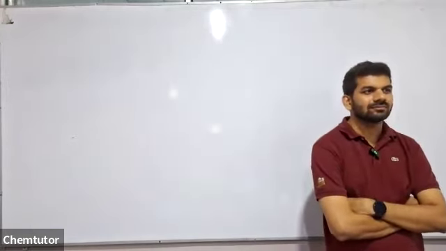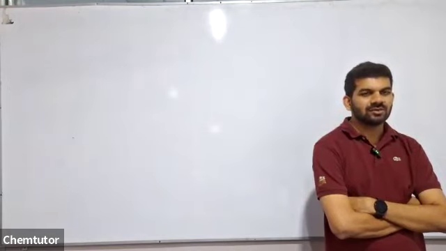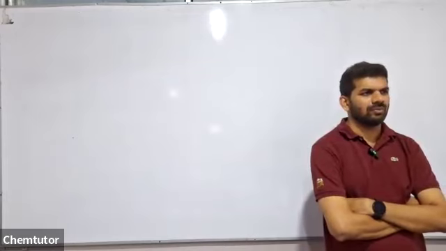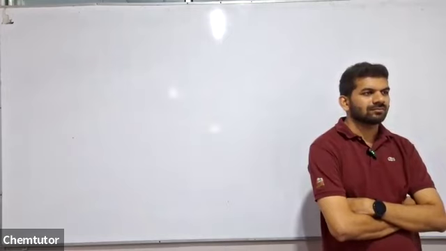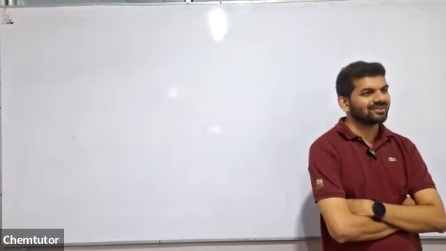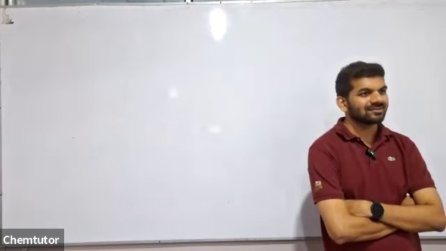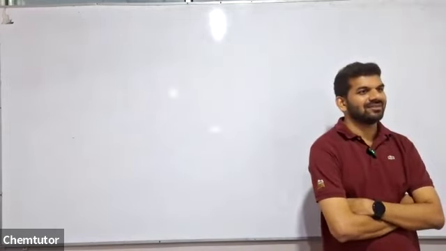Also, what is the shape of the d orbital? Usually it's not specified because it has a very complex shape. Even the scientists are refusing to give a shape for that, because it is complicated.